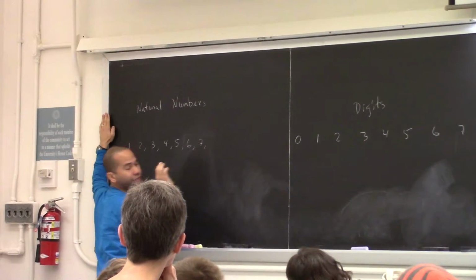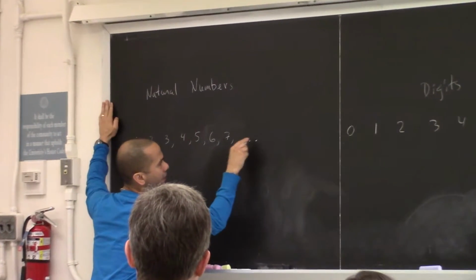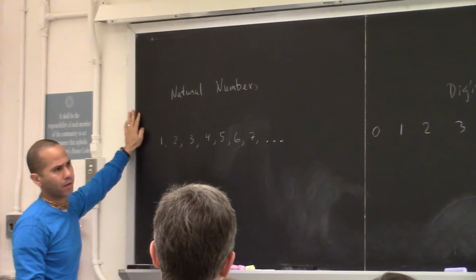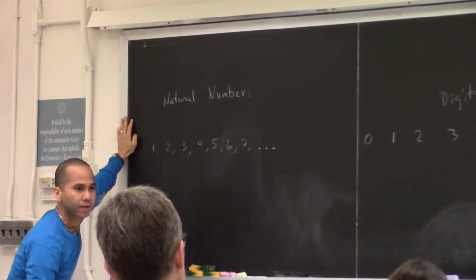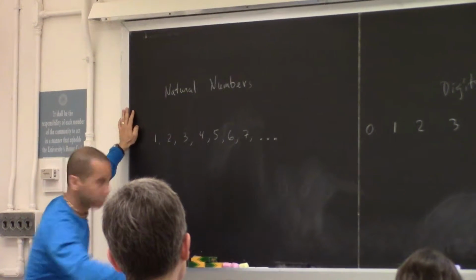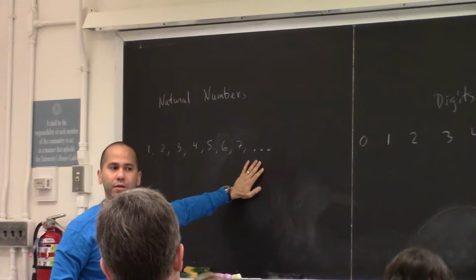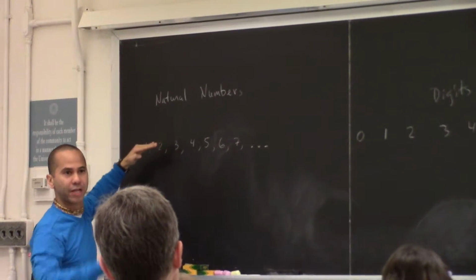Now, if I put 3 points there, 3 periods, what does it mean? Does anybody know? It goes on and on. Yes, you're right, but what goes on and on? Following this pattern, that's all it's going to mean.